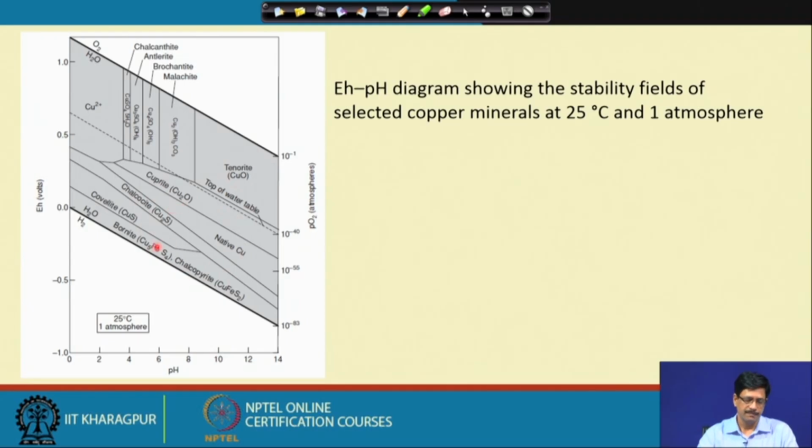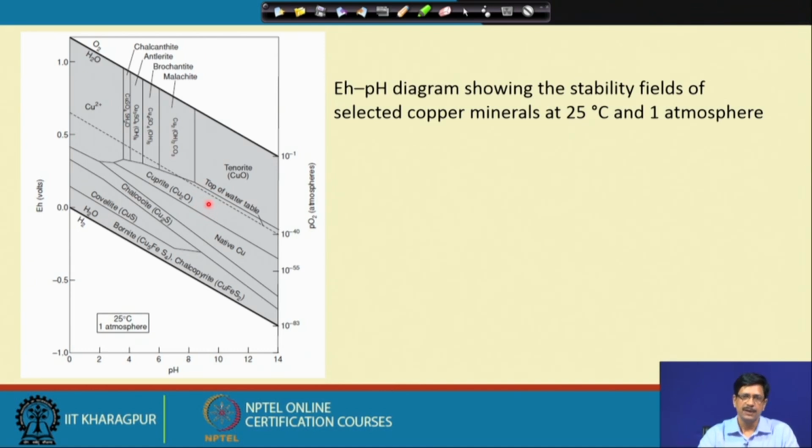If the appropriate pH and Eh conditions are such, we also can have formation of native copper as we see them, and the oxides, and they generally are within the oxidation zone, because we could see the pH stability of these oxide minerals like tenorite or native copper or cuprite generally will happen when the pH is much higher.